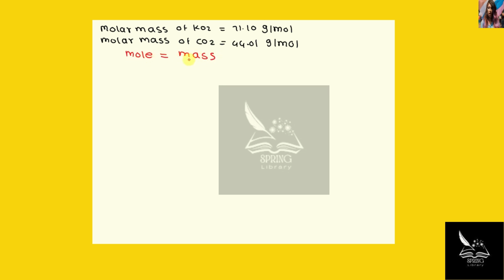Here, firstly, we find the mole using the formula: mole is equal to mass divided by the molar mass. Now, firstly we find the mole of KO2, which is equal to 2.47 divided by 71.10, and by calculation we get 0.0347.